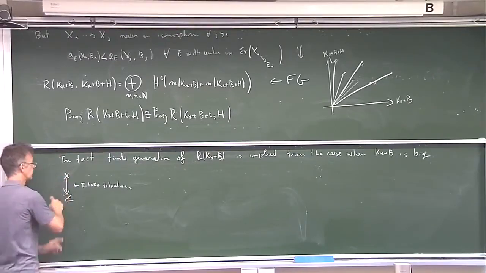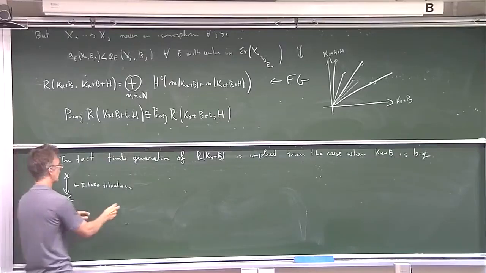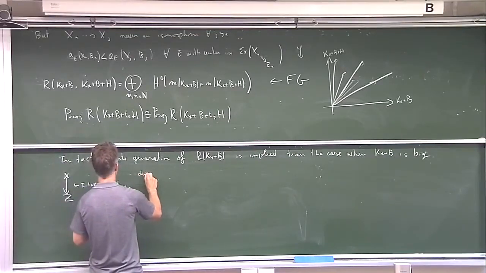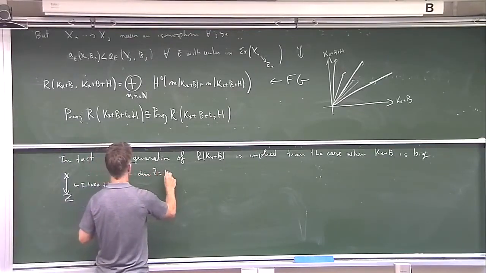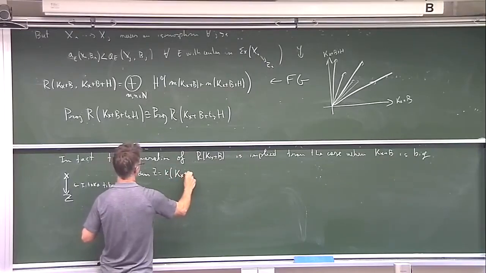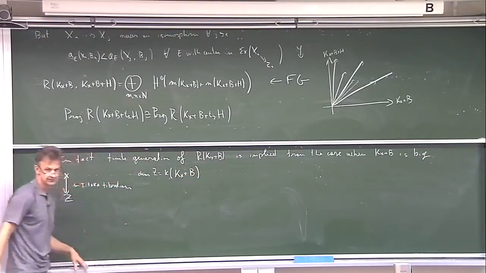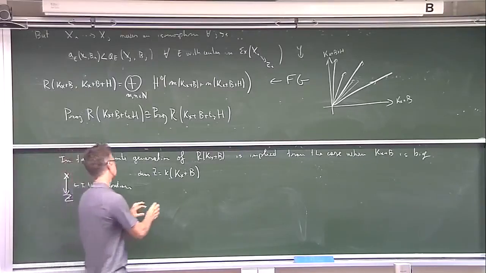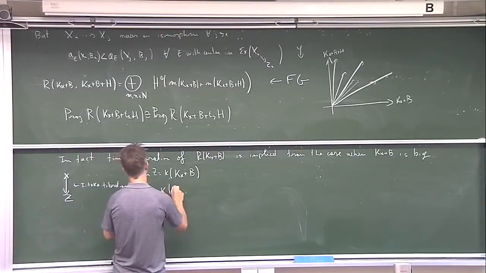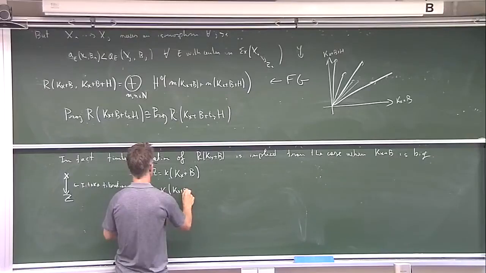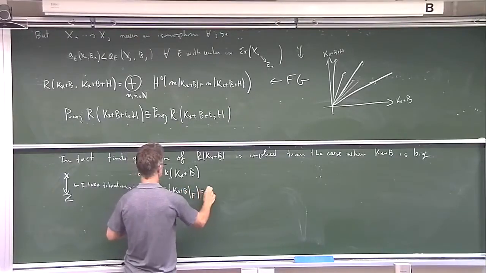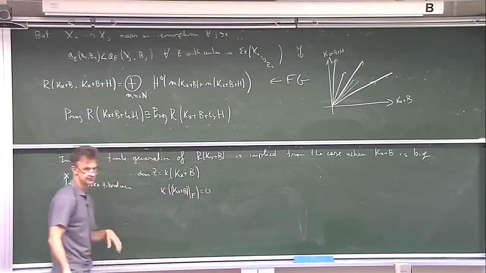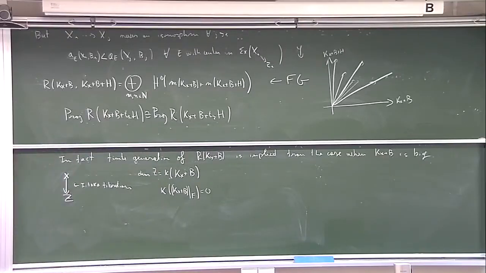So let's assume that it's a morphism. What does the Iitaka fibration look like? It's characterized by the following property. The dimension of Z should be equal to the Kodaira dimension of K_X plus B. If you want to think of B equal to 0, there's no harm in that, if you find it annoying. And the property that the Kodaira dimension of K_X plus B restricted to the fiber is equal to 0. That's what characterizes the Iitaka fibration.